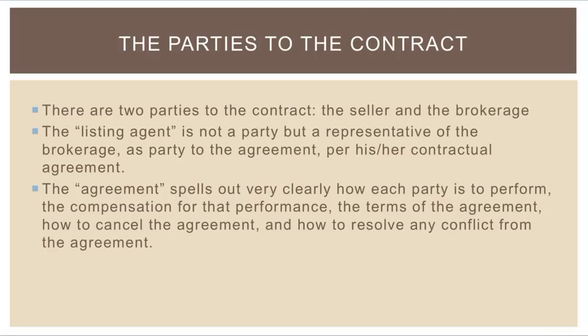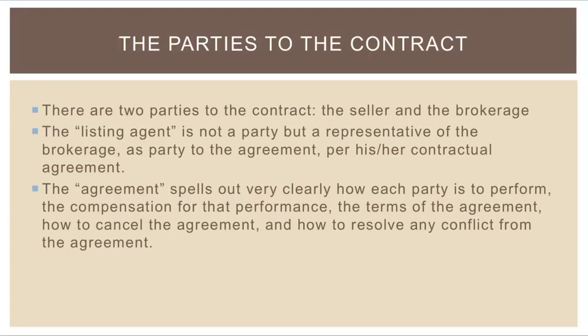So the first thing you have to discuss dealing with any contract are the parties to the contract. And for an exclusive right of sale listing agreement, there are two parties to the contract, the seller and the brokerage. The listing agent is not a party, but a representative of the brokerage as party to the agreement for his or her contractual agreement, meaning the independent contractor agreement that you signed at the beginning of the year with Sand Peak Realty gives you the authority to act as a representative on behalf of the brokerage when signing or dealing with any exclusive right of sale listing agreement.